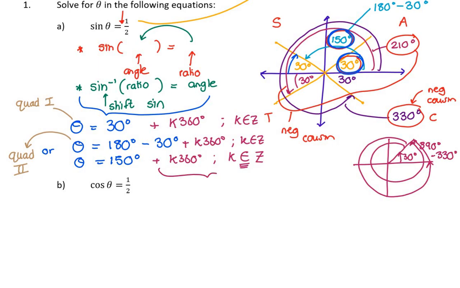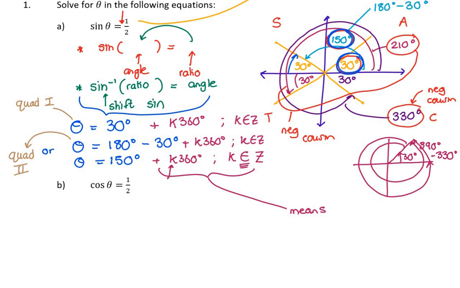So what does this mean? Basically this means that you can add and subtract a multiple of 360 as many times as you want. So the k is there because k could be any integer, so k can be 1. So you could add 1 times 360, or k could be 2, so you could add 2 times 360, or k could be 3, so you can add 3 times 360.